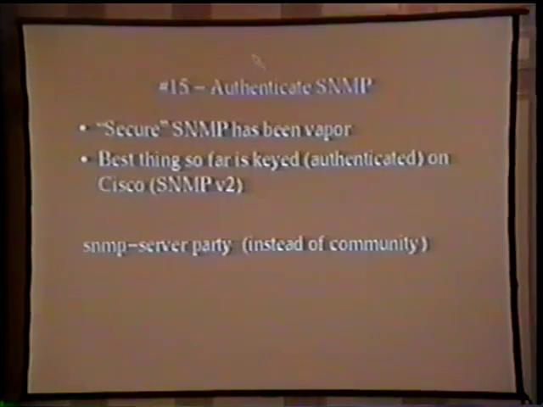I do not believe that Foundry supports SNMP version 2 yet. Now, the way to configure this is, instead of configuring snmp-server community, you need to configure a party instead. If you use the string community, it will configure for SNMP version 1.